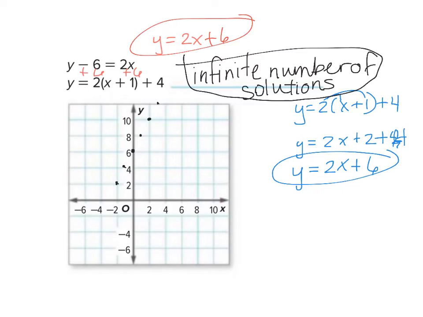Down 2 to the left 1, down 2 to the left 1, down 2 to the left 1. I'm just going to keep plotting and then graphing my line. And so it's not perfect, but it's about right, and it goes on forever. And so my answer is an infinite number of solutions.